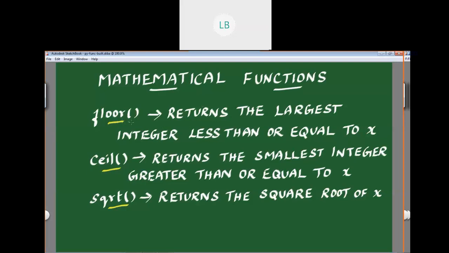Floor function returns the largest integer less than or equal to the given value x, whereas ceil function returns the smallest integer greater than or equal to x. Square root function returns the square root of the given number. We'll see the example program.